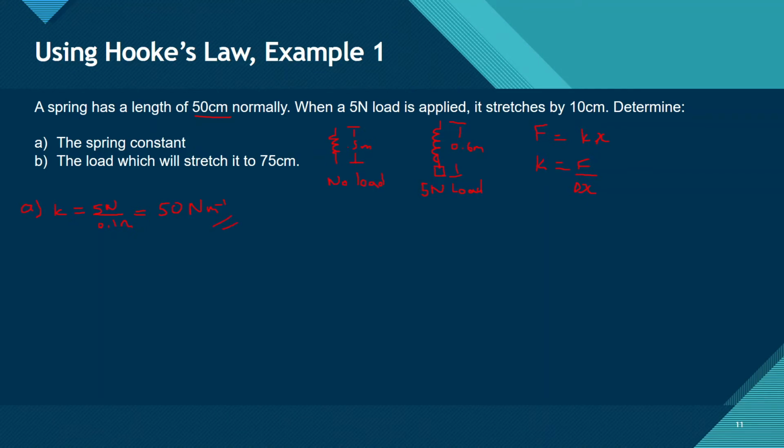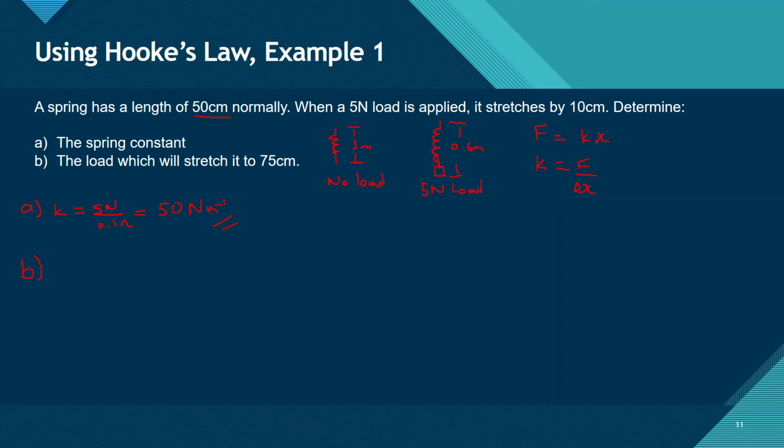Now for B, they want us to find the load which will stretch it to 75 centimeters. In many CSEC questions, the flow is that they'll ask you the most basic thing first, and then you use the answer from the first part to answer the second part. So you want to find the load which will stretch it to 75 centimeters.